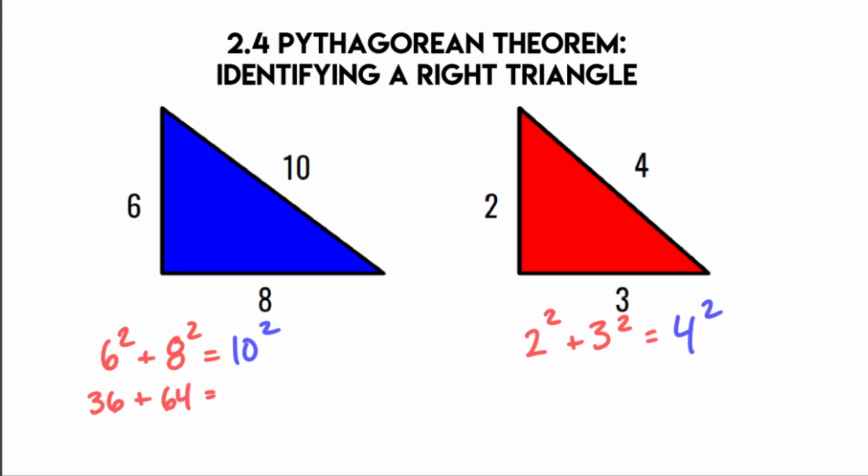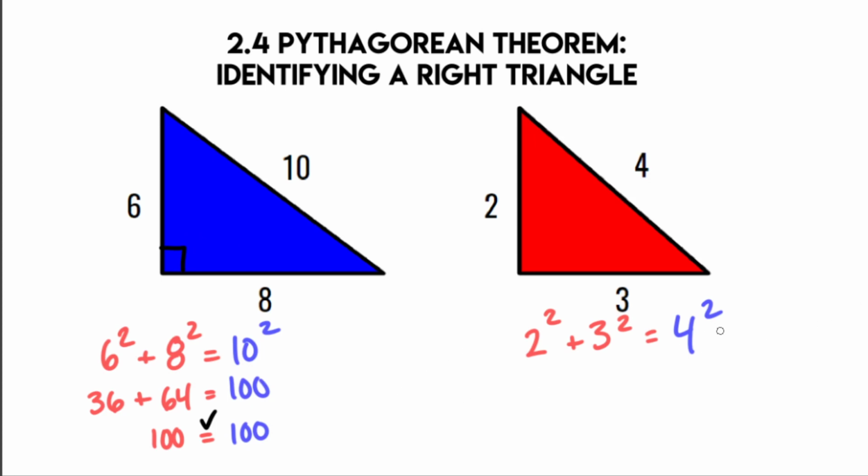And then 10 squared is going to be a nice even 100. 36 plus 64 gives me 100, which is equal to 100. That is a true statement, so we know that the Pythagorean theorem did work on this triangle, which means this blue triangle is a right triangle.